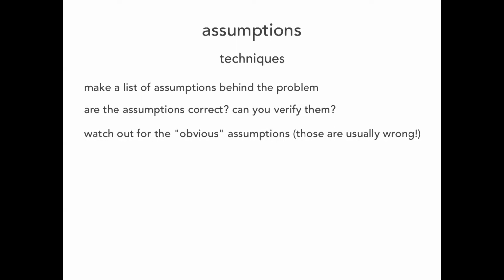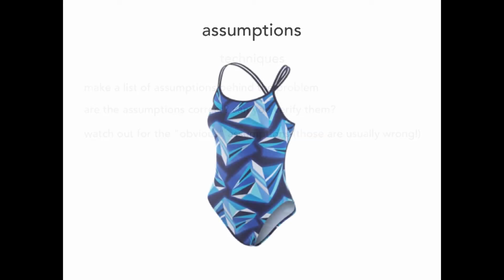And the other tip is to watch out for the obvious assumptions, because these are the ones that are usually wrong. Case in point, this is a picture of a woman's swimsuit. For decades and decades, women's swimwear was quite simply ugly. It was really a funk in the women's swimsuit industry.